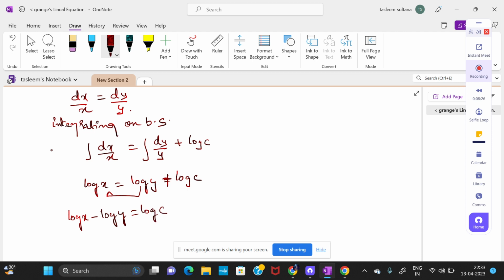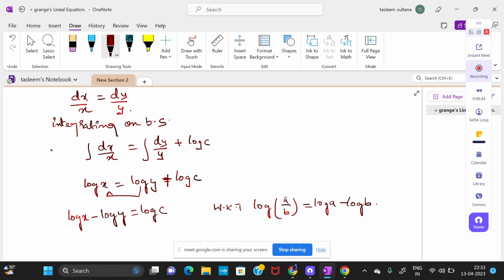This is in the form of log a by b, where we know that log of a by b is equal to log a minus log b. This formula we can apply over here.